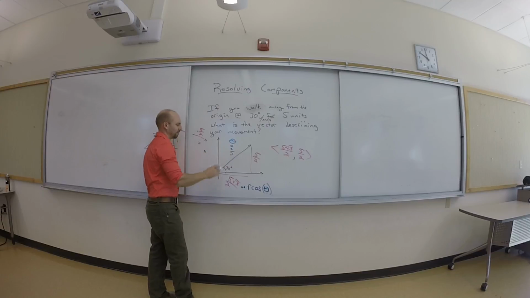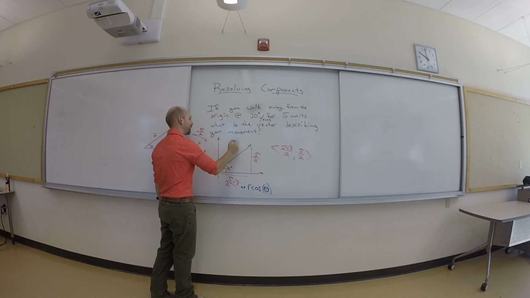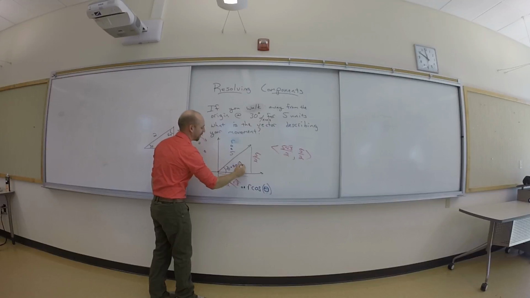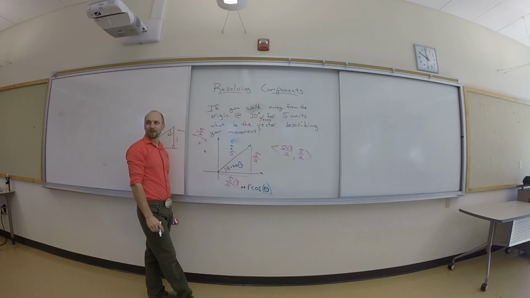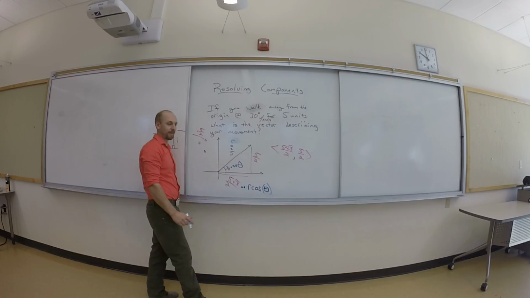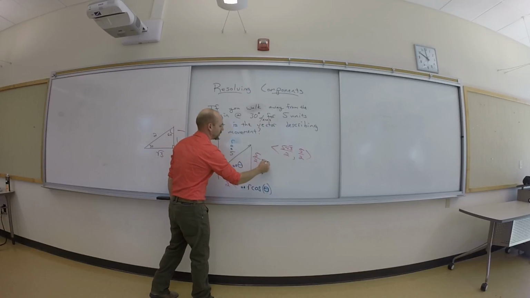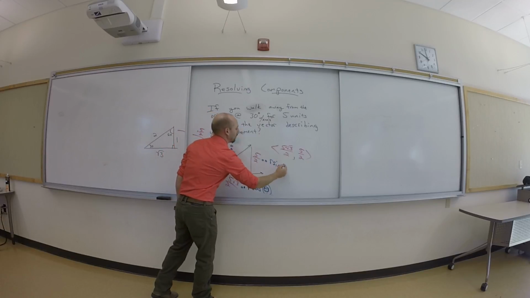Yeah, that 5, not theta. That 5 is r, and the 30 is theta, right? How about the other one? Y equals r sine theta. Yeah, that's a y thing, so you might think r sine theta there.